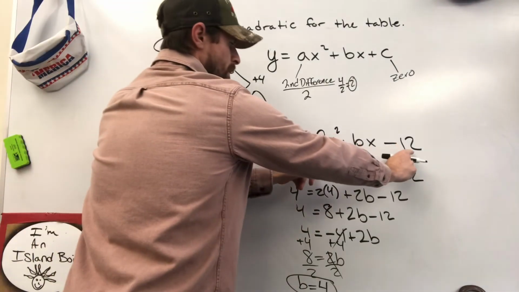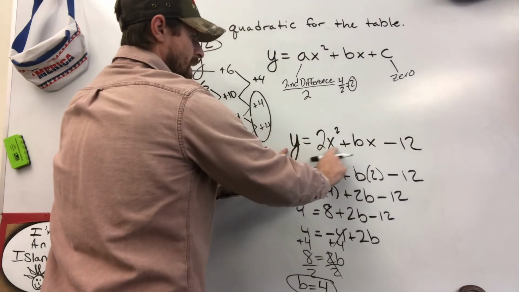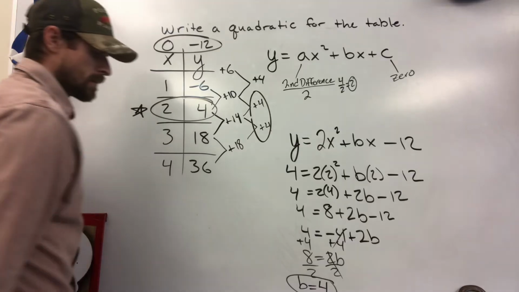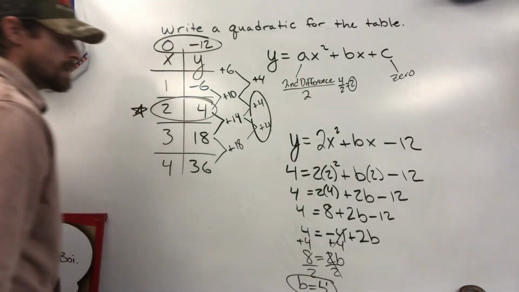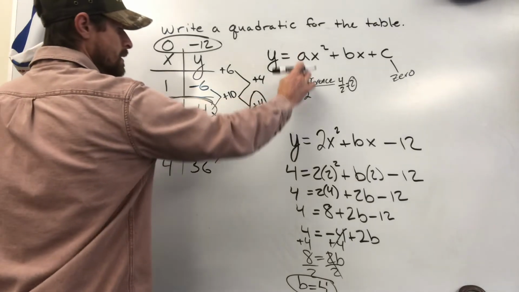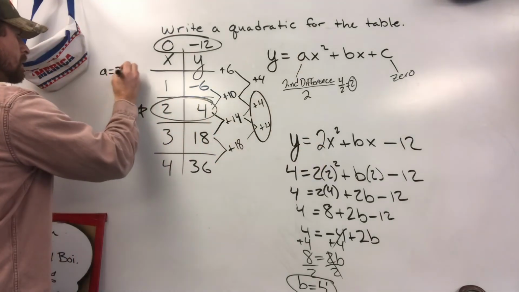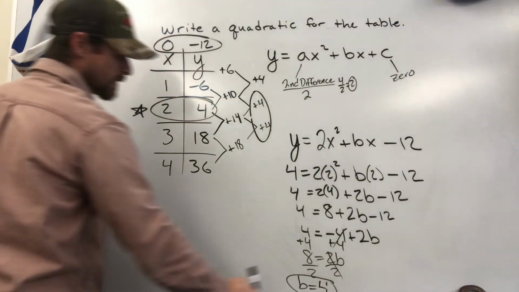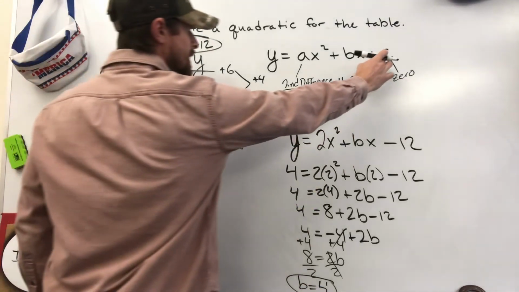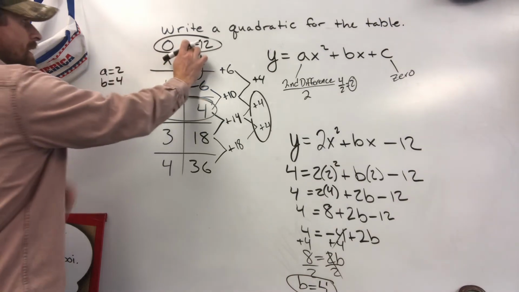I put in the information I knew, replaced my x's and y's, leaving b as the only variable left. Solved for b. Now I know my a was 2. My b we solved to be 4. And my c we worked backwards to get negative 12.